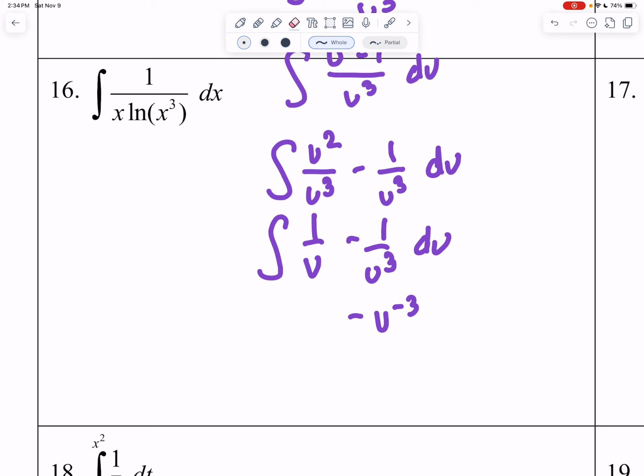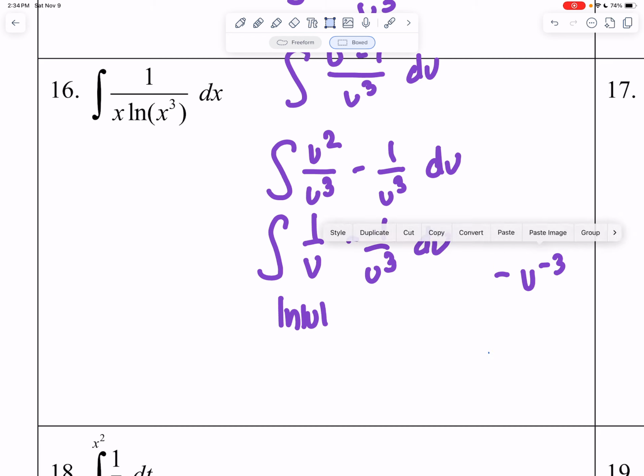So then we get ln of u, and then we're going to up the power and divide. So if I up my power, I'm going to get -2.